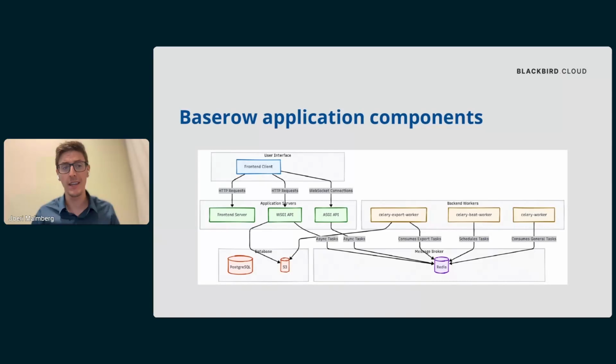It can be scaled vertically. Scaling it horizontally is much harder, right? Because it also contains the database and Redis, so that won't do you much good. So when we try to think of a way to solve all these issues, I'll be focusing this talk on AWS, but this could work with many cloud providers, of course.